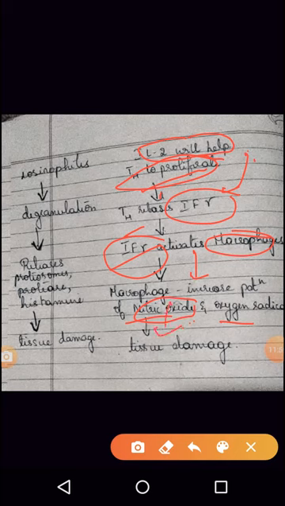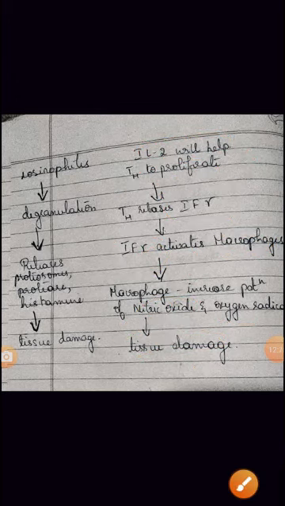Because the quantity of nitric oxide increases, there is tissue damage. Many tissues will be damaged. The nitric oxide production is more here. Okay, now this entire thing happens with T helper cell 1.